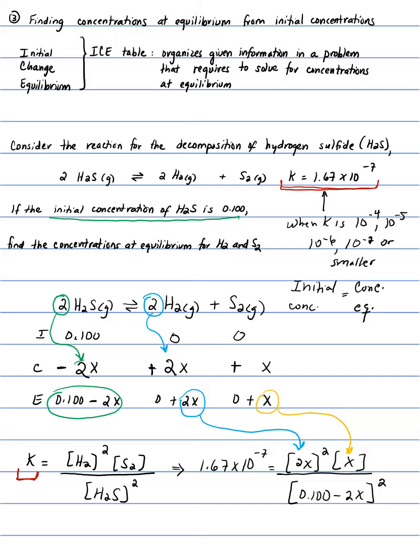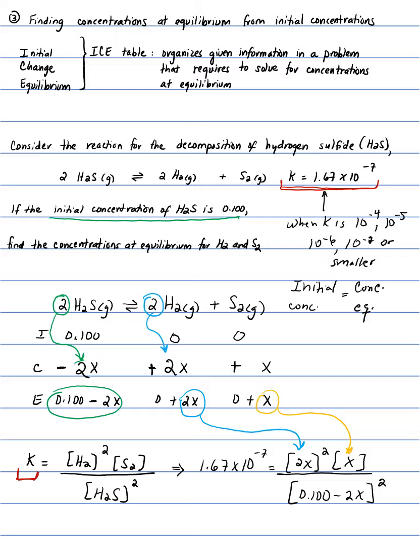The amount of reactant that is being converted to product is so small that you will have a number that is very close to 0.100. We're going to get the number and then we're going to see that our assumption is true.